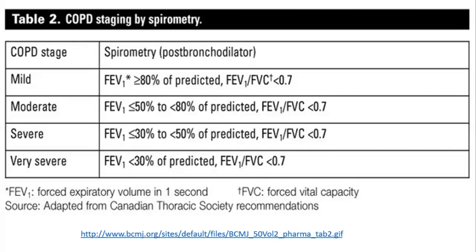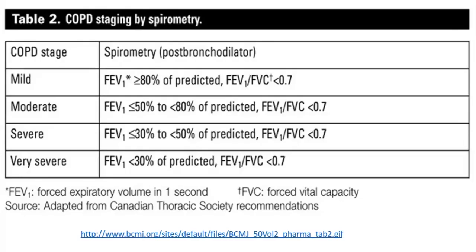So when you divide FEV1 by FVC, you're going to get less than 0.7. And it's going to be the same for all, just that for moderate, FEV1 is going to be equal to 50% or less to 80% of what is predicted.